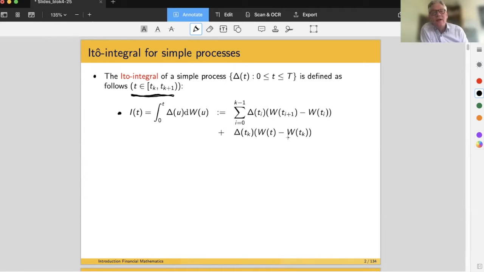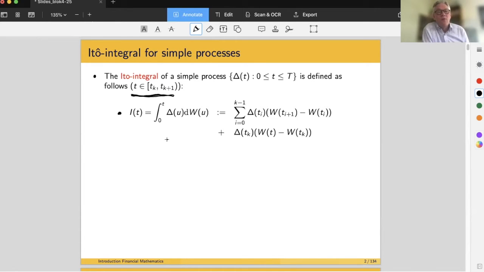And the very last one, that is the interval in which t lies, is written as Delta_{t_k} times (W_t minus W_{t_k}). So all these terms are added, and that is the definition of the integral of a simple process.